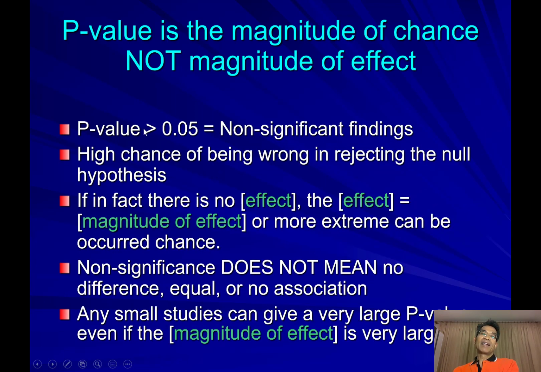In the opposite case, for a non-significant finding, we can just say there is a high chance of being wrong in rejecting the null hypothesis, and it is safe to restate the null hypothesis and say that if there is no effect, the chance to get this is still high.